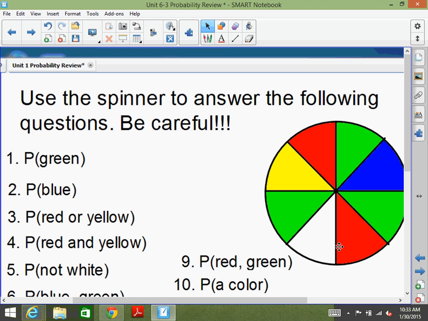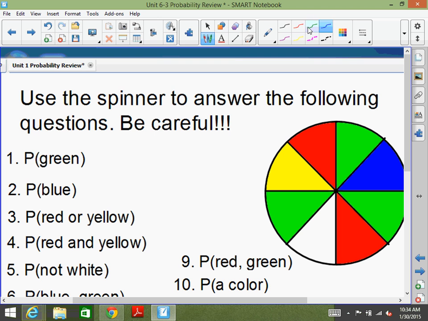Can I go one spin, another spin, and another spin, and another spin, and another spin? That would be compound. So I can use one spinner and keep spinning it multiple times. Yes? Okay. So just because there's one piece of one tool up here doesn't mean it's automatically all going to be simple. You got to be careful with that.